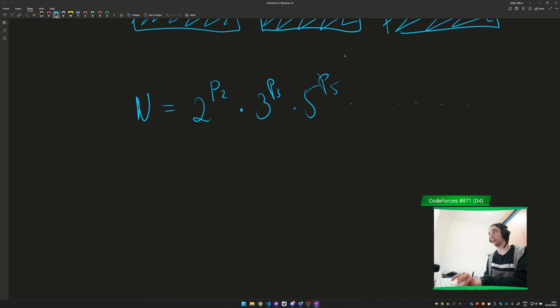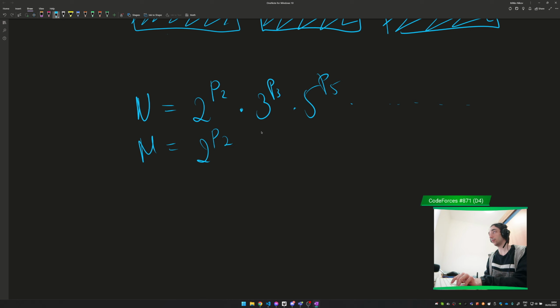These powers, of course, can be 0, and if a power is 0, that factor is just 1. So if we prime factorize n and m, we don't have to prime factorize the whole way. We just care about the powers of 2 and 3.